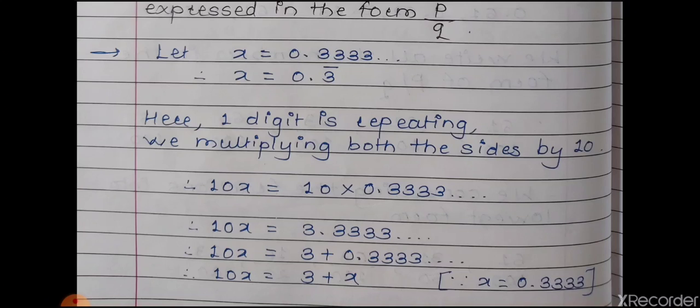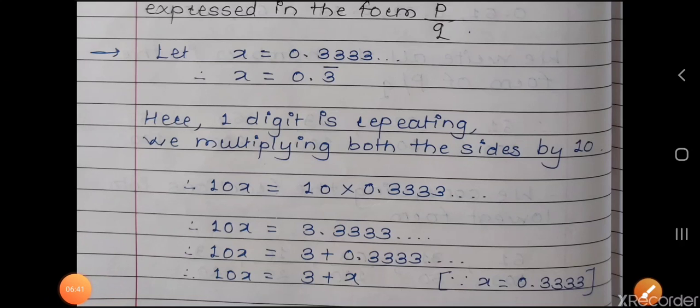So 10x is equal to 3.3333. We write this number as 3 plus 0.3333, because 3 plus 0.3333 is equal to 3.3333. We have to solve this equation for x.